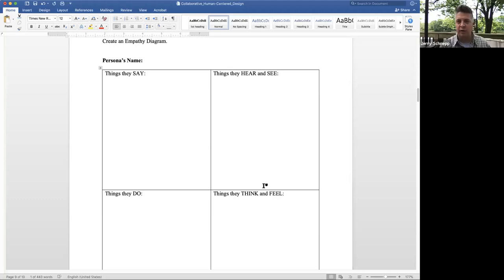So the next breakout is I'm asking you to create an empathy diagram, and I should probably share my screen so that we get what an empathy diagram is. Okay, and this is what you should see in your worksheet.